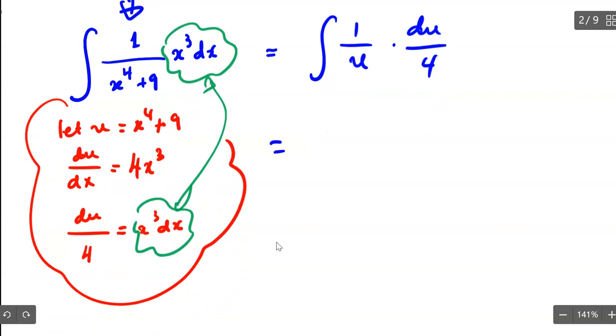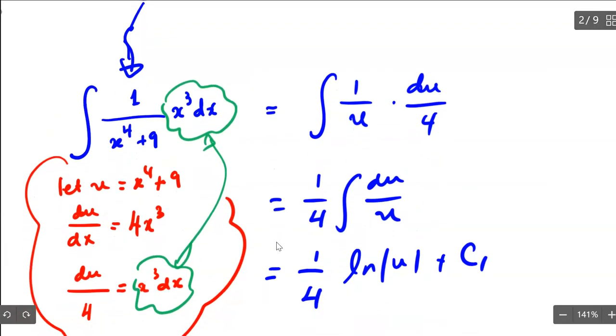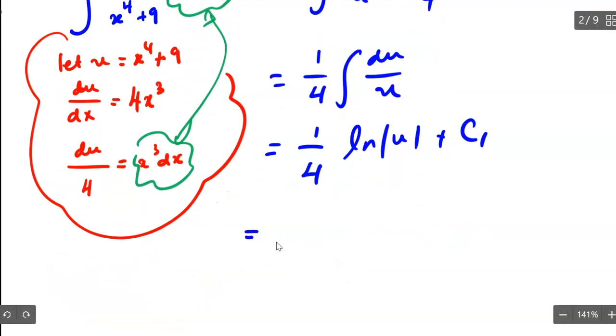So now you have 1 over 4 du over u. Therefore it's 1 over 4 ln of u plus c1, because this one you already have with the c2. So now it becomes 1 over 4 ln of, you let u equal to x to the 4 plus 9.